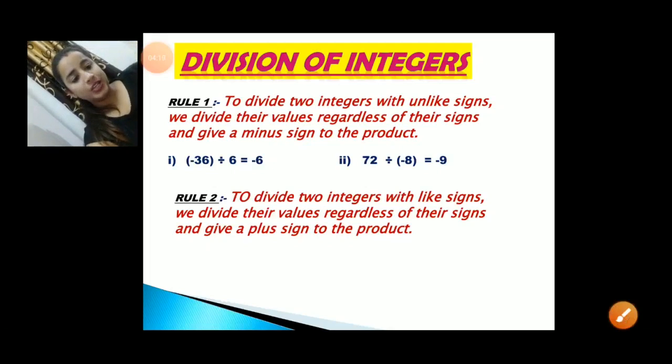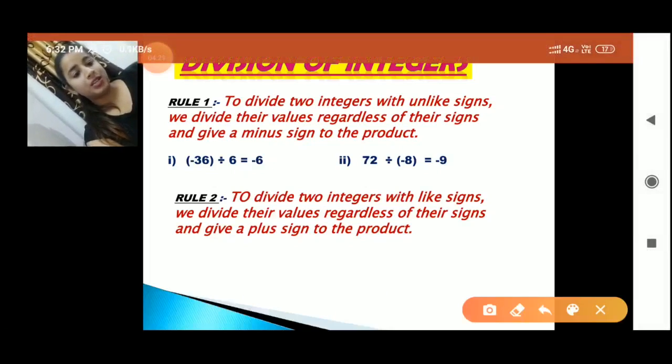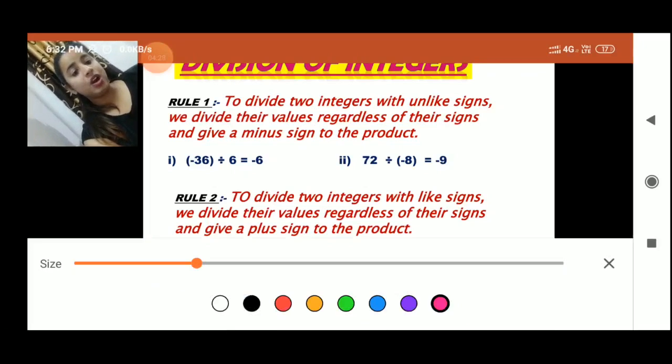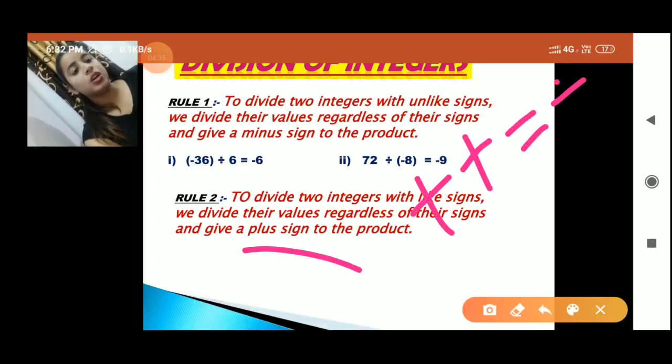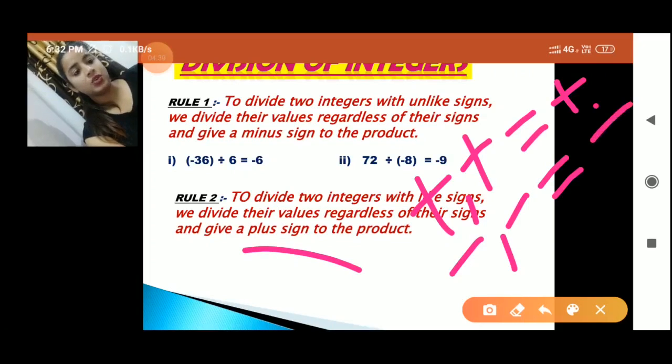Firstly, like sign, you all know it very well that both are either positive or both are negative. So in that case, we have to divide the integers and then give a plus sign, because plus plus is equals to plus and minus minus is also equals to plus.